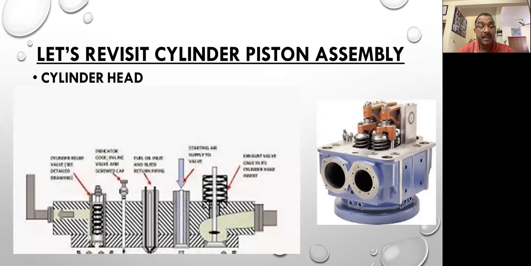We have another opening we call the decompression cock in the cylinder. Through it we can depressurize our cylinder. By opening this cock, we can depressurize the cylinder, and then we can make an inspection.